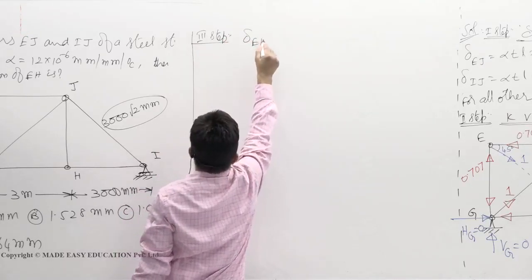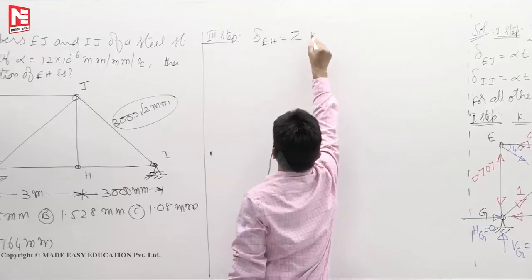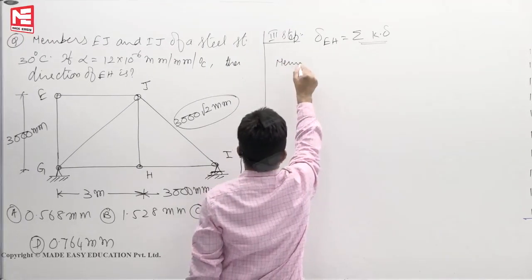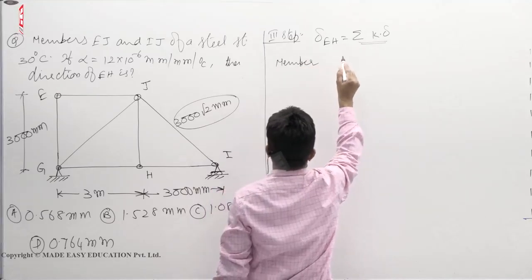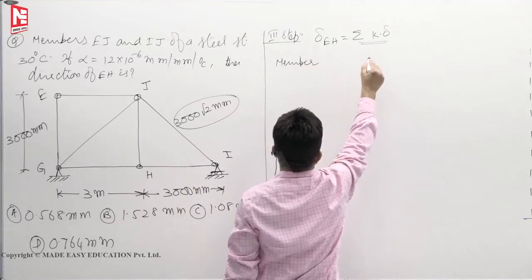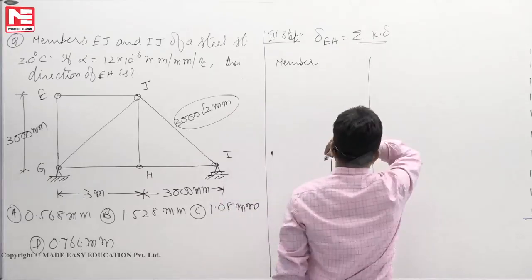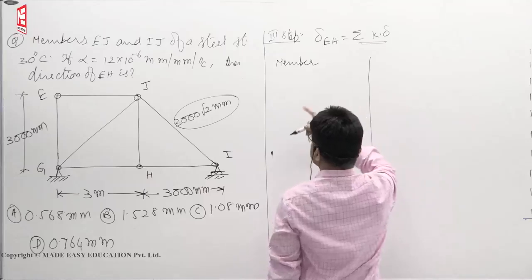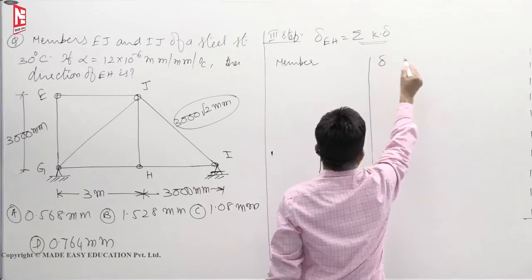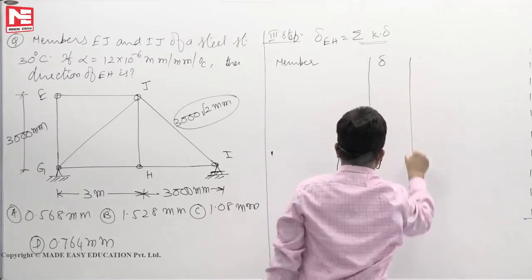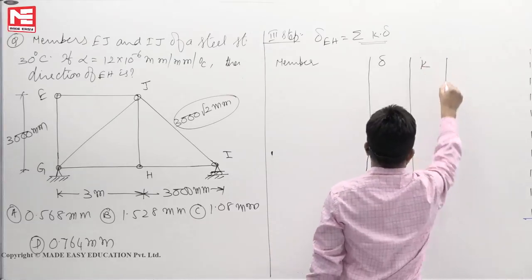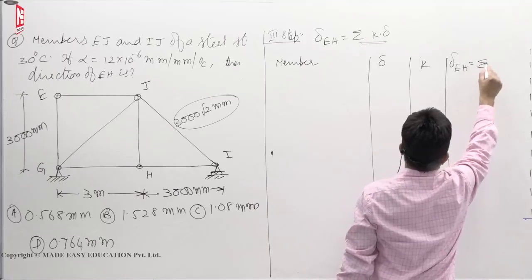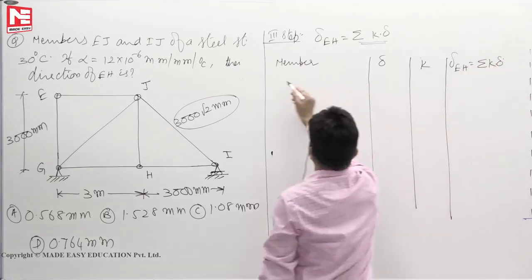Relative displacement of E and H is nothing but summation of k into delta. We will first tabulate it. Member, K. First, K values we have already written. Delta values are 0. So delta we can write here, K here. Then relative displacement of E and H, summation of K into delta.